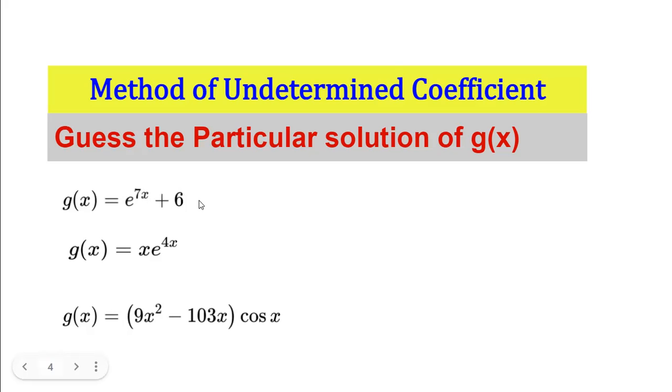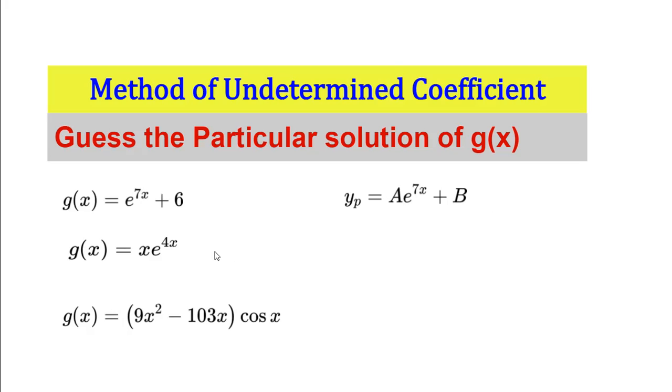To guess the particular solution here, we would multiply the exponential by the linear function. And we know that in order for us to guess the particular solution for a linear function for g of x, we can say ax plus b. So the guess solution here will be a e to the 7x plus b.